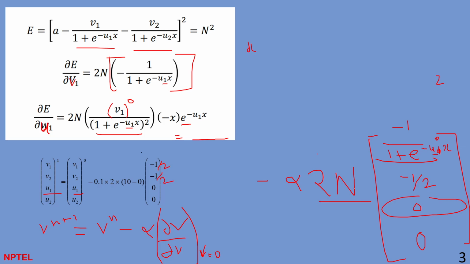There is this 2n term. Okay. So this 2n term you can take, but how to get n? So n is basically this whole thing. Okay. Where a is, you already know, a is 10, is given in the question. And when you put iteration 1, so this v1 zeroth iteration will be 0 here only. So it should be 0 minus 0. So n is basically 0. Sorry, n is basically 10, not 0.